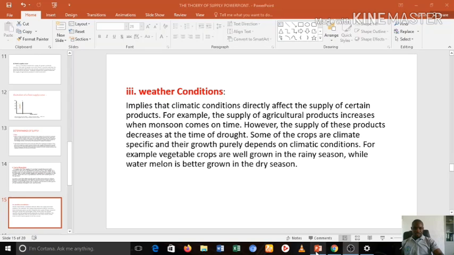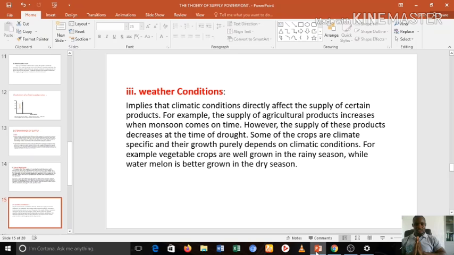So guys, as we were saying, generally looking at the weather condition, if you make a mistake and grow a crop in an atmosphere where the weather condition is not favorable for that particular product, that crop is not going to do well.